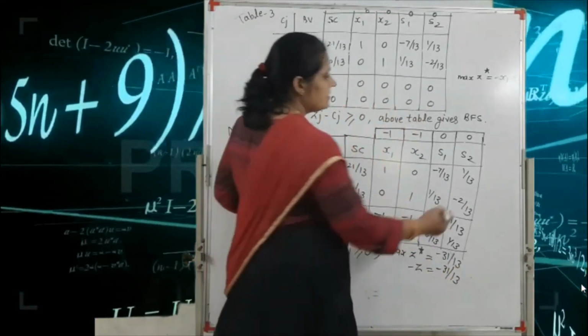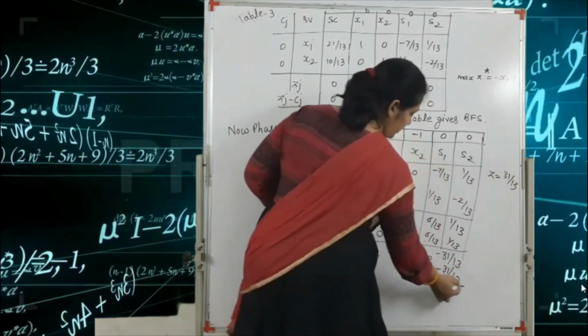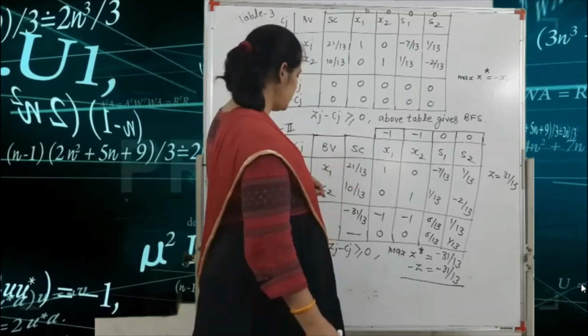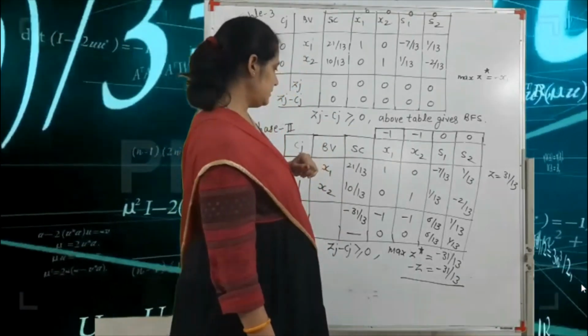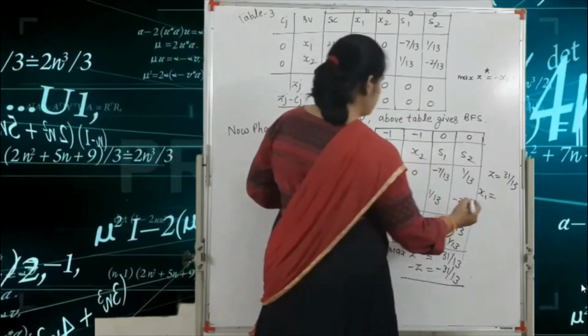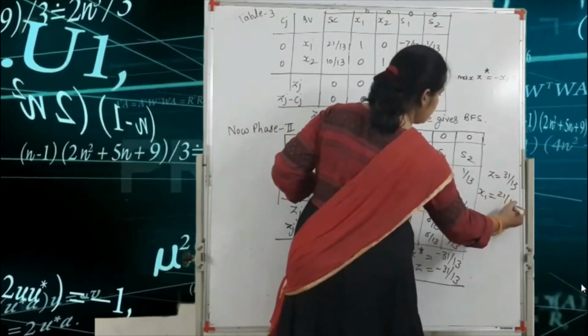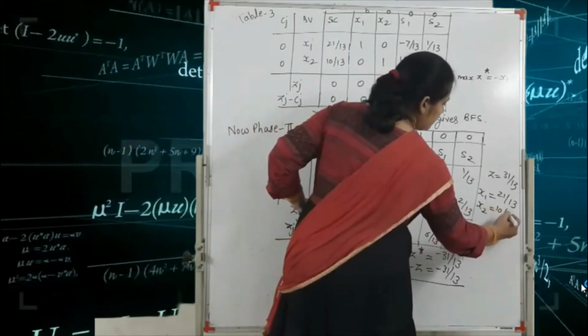That means z is equal to 31 by 13 according to this equation. Okay, so here the maximized z is equal to 31 by 13, and x1 is equal to 21 by 13 and x2 is equal to 10 by 13.